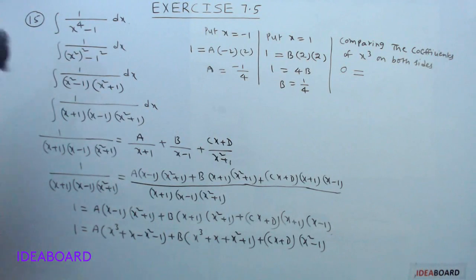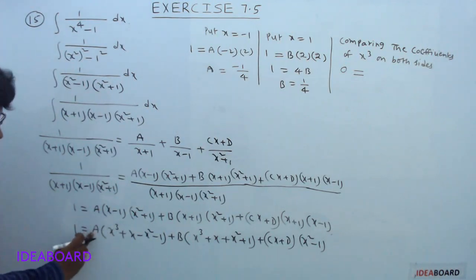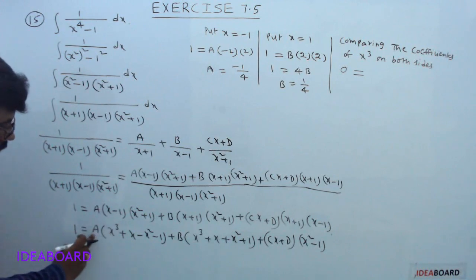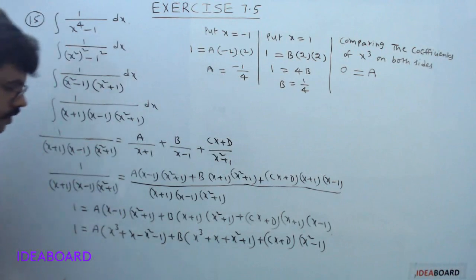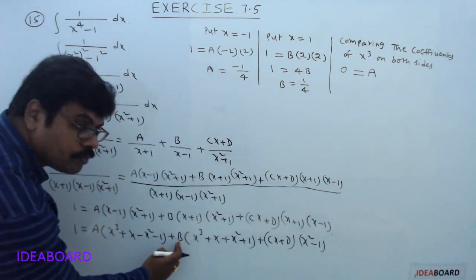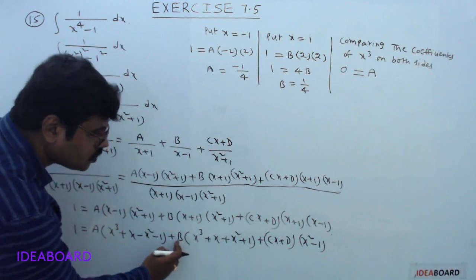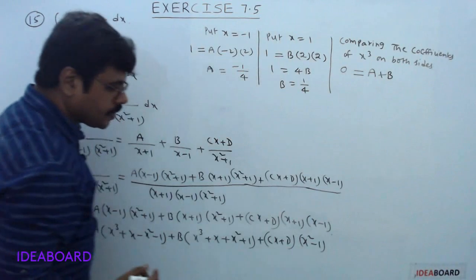Now look at the right hand side expression. Here the x cube coefficient will be 1 multiplied with a, so the x cube coefficient will be a. Next, here the x cube coefficient will be 1 into b, so the coefficient of x cube will be b.